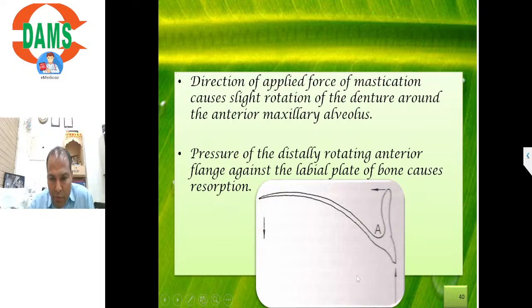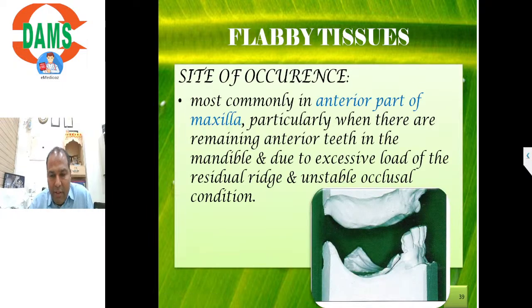Normally it occurs when we have a complete denture being opposed by a distal extension case and we have remaining mandibular anterior teeth. If you have that, then we might encounter combination syndrome or Kelly syndrome.